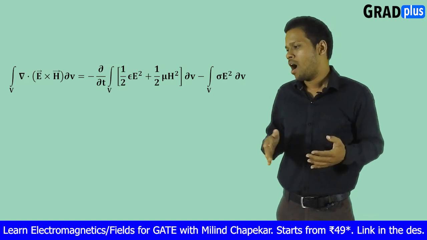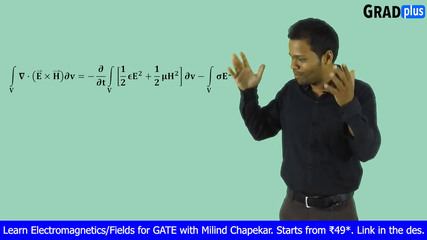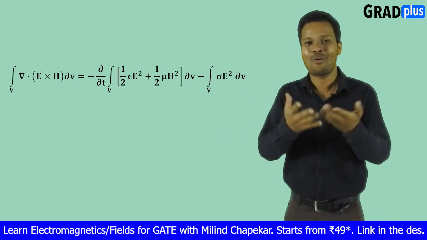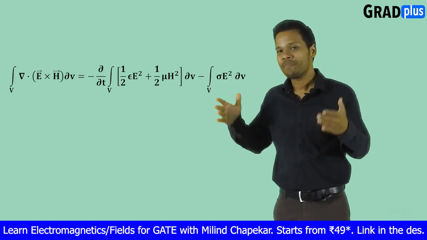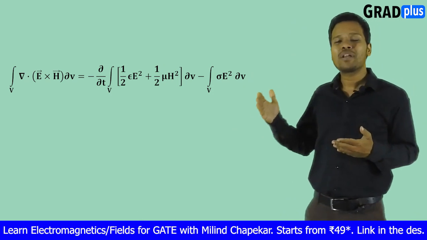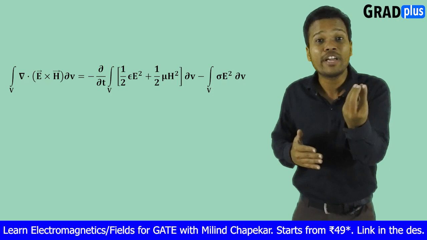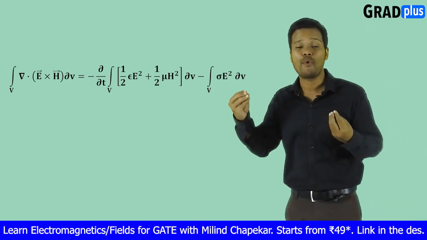Now I cannot include the complete expression here because that is not the title of our video. So this is the expression that we get while studying the Poynting theorem or Poynting vector.